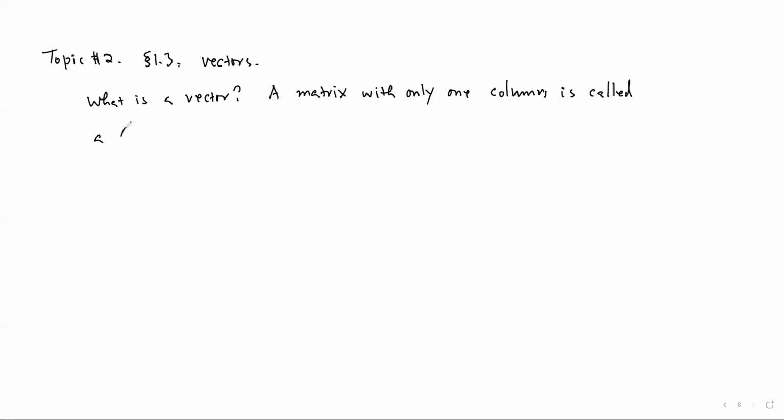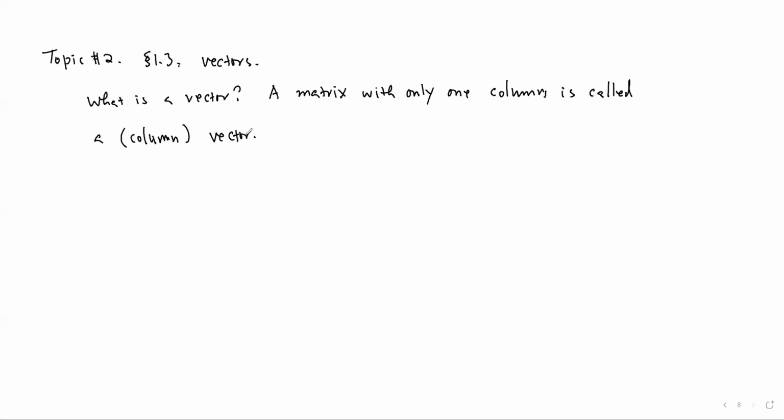Some people call it a column vector. But usually we just call it a vector. So a vector is a matrix with only one column.